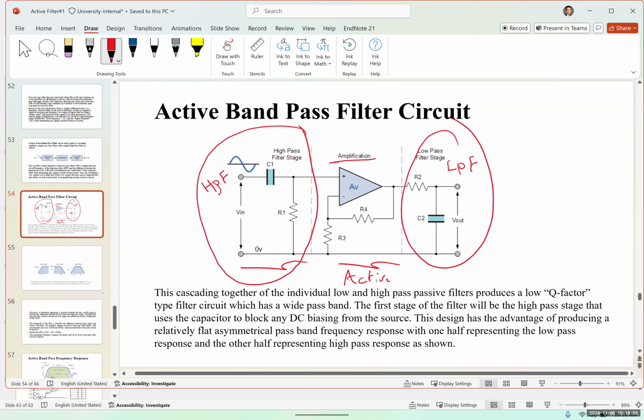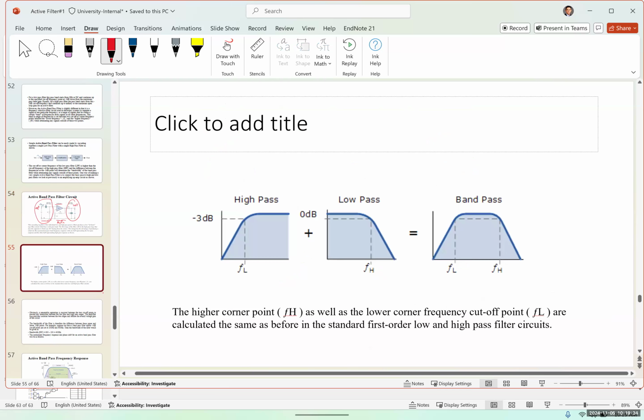The first stage of the filter will be the high pass stage that uses the capacitor to block any DC biasing from the source. This design has the advantage of producing a relatively flat, asymmetrical pass band frequency response, with one half representing the low pass response and the other half representing the high pass response, and the middle would be the active element.